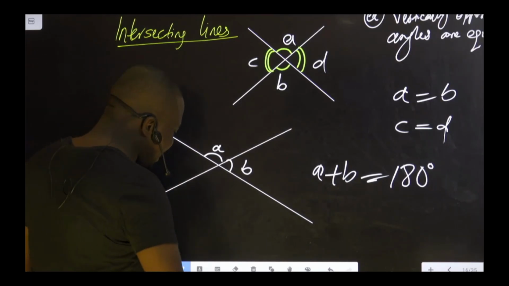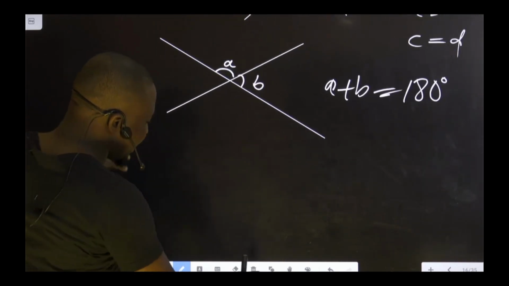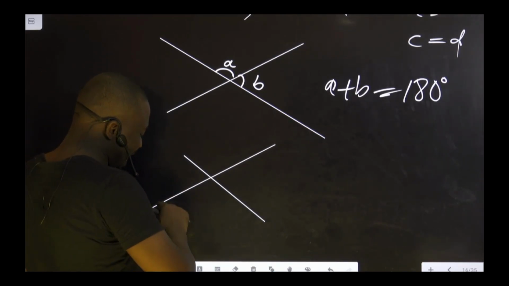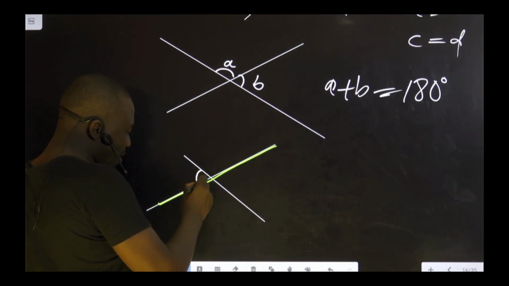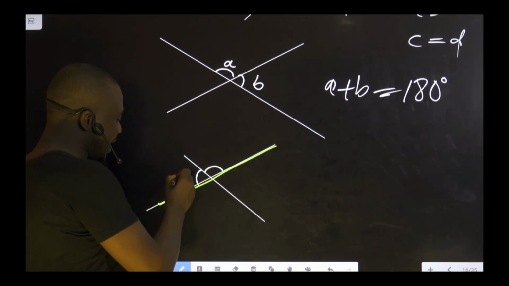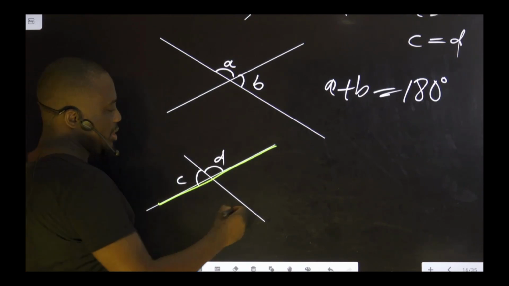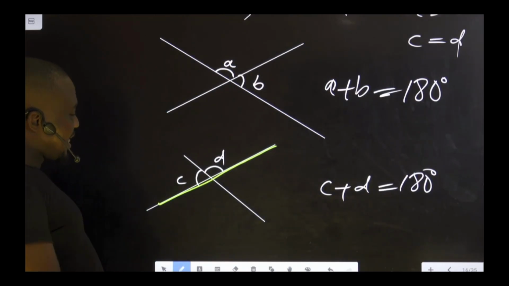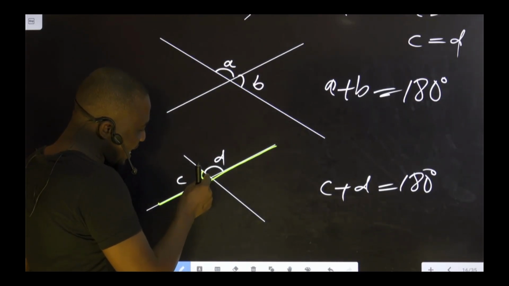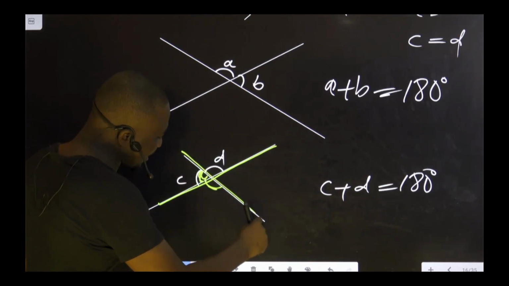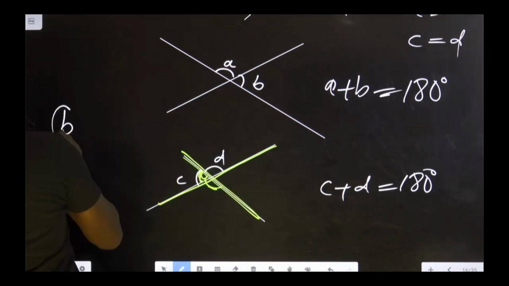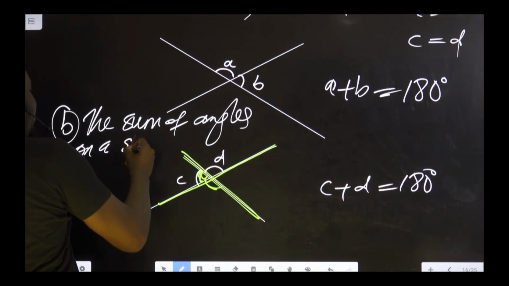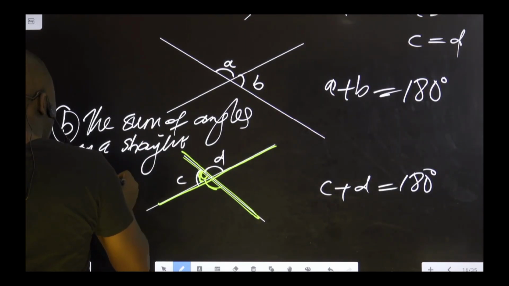If I redraw this again, this is also a straight line. So if this is C and this is D, C plus D equals 180 degrees. The same thing with here and here, because this is a straight line too. So we can say B: the sum of angles on a straight line is equal to 180 degrees.